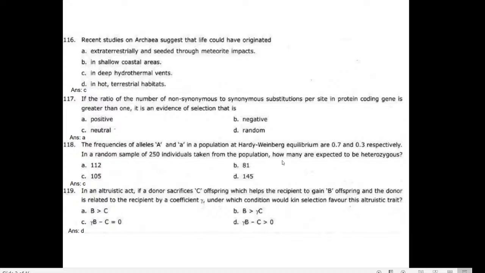How many are expected to be heterozygous? So they have taken a group of 250 people, and they ask for the expected heterozygous. Heterozygous means the alleles are different, while homozygous means both come from the same origin.